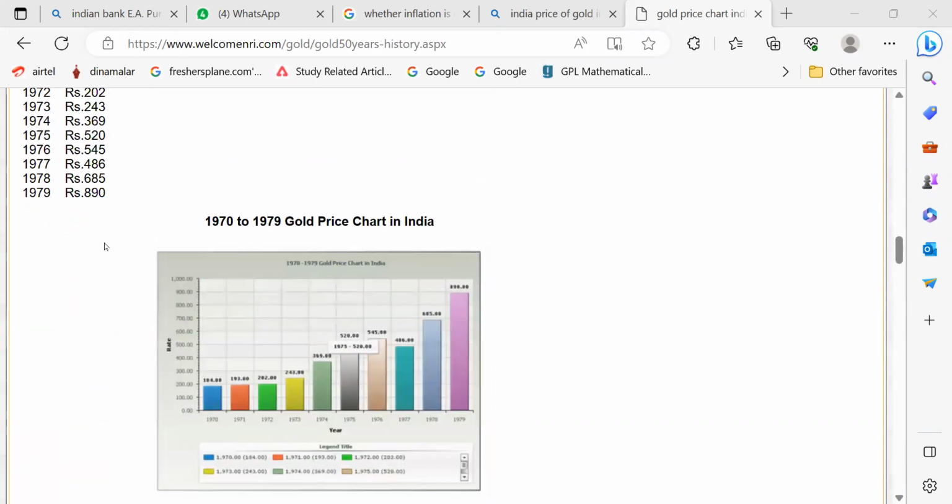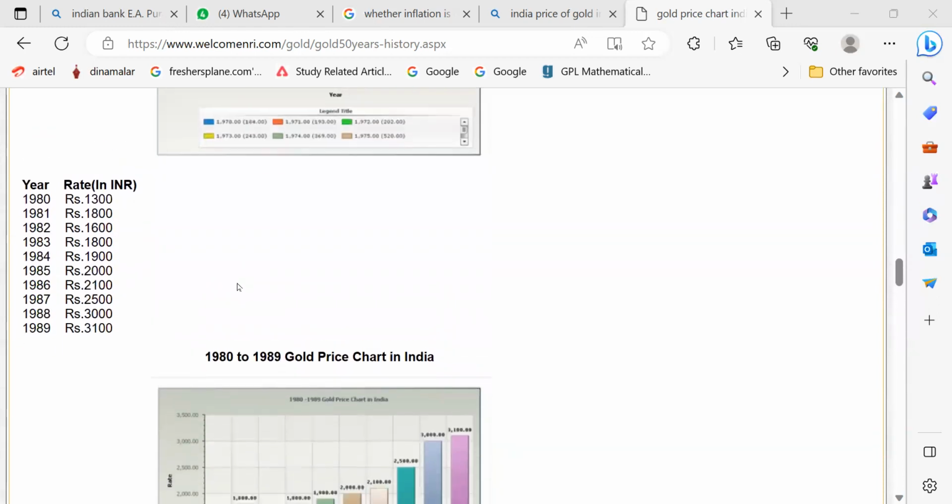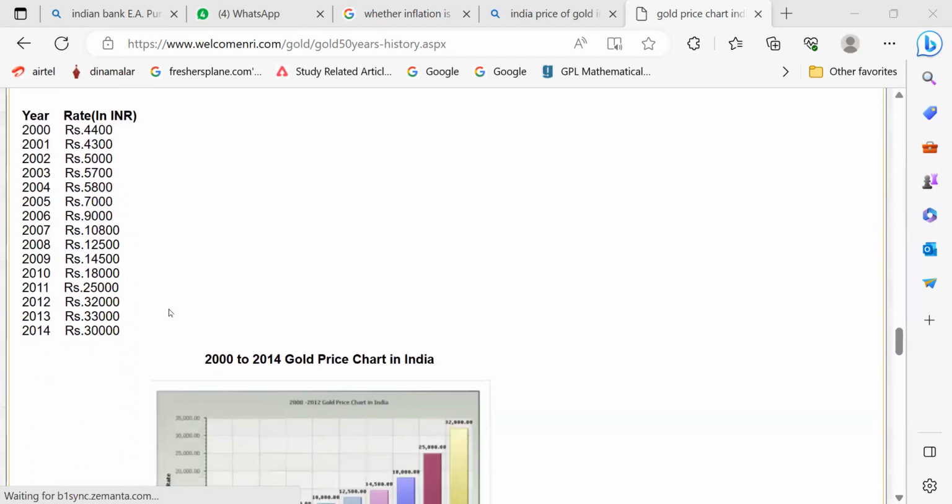And in 1979, 10 gram became 890, that is 89 per gram. Then in 1989, it became 3,100, so 1 gram comes to 310 rupees. Then in 1999, 4,200, so 1 gram comes to 420 rupees.